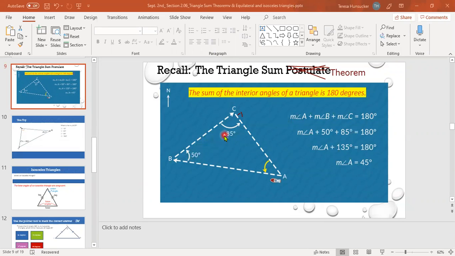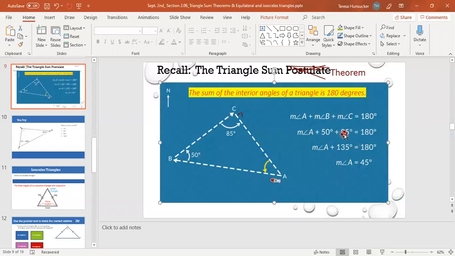So 50 plus 85 plus the measure of angle A is 180. If you look at this equation, the measure of angle A plus the measure of angle B plus the measure of angle C is 180. The only thing that's unknown is the measure of angle A. So I'm going to substitute angle B with 50 and angle C with 85.